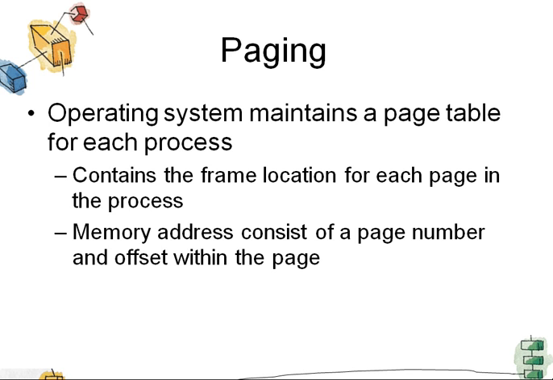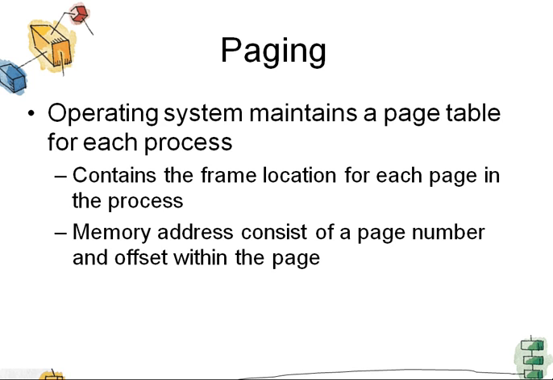Now a page table contains the frame location for each page in the process, and a memory address consists of a page number and an offset within the page. Just try to understand what the content of the page table is. The page table contains the frame location. Remember, frames are what we call the memory that we divide into smaller chunks.